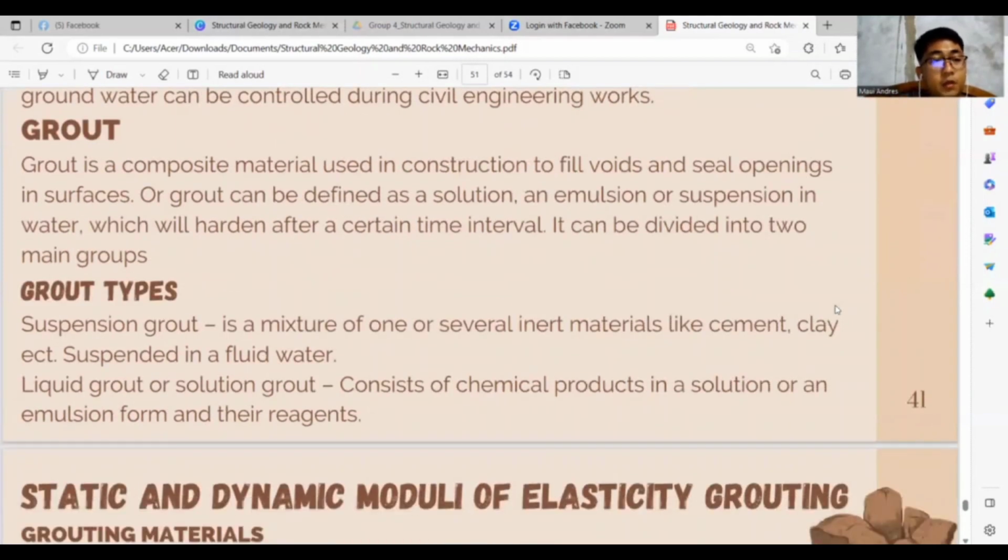Grout types: suspension grout is a mixture of one of several materials like cement, clay, etc., suspended in fluid water. Liquid grout or solution grout consists of chemical products in a solution or an emulsion from their reagents.